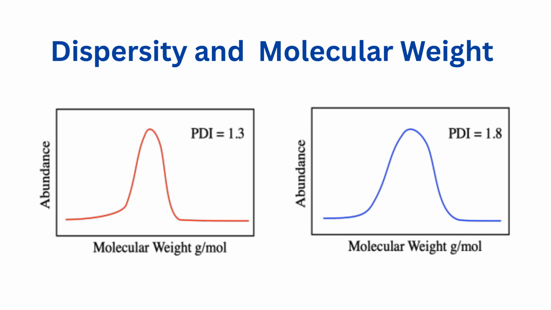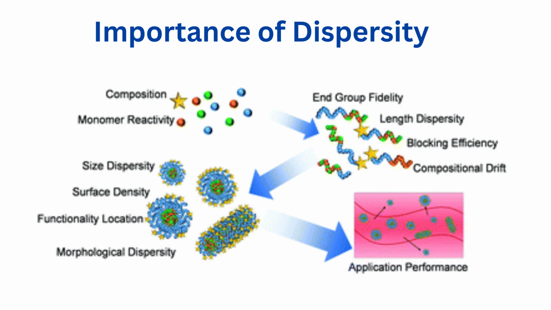By analogy, with two samples having different Mn, the sample with higher dispersity may not have a larger standard deviation. Therefore, dispersity, or PDI, is a measure of the standard deviation over the number average molecular weight, not the standard deviation.